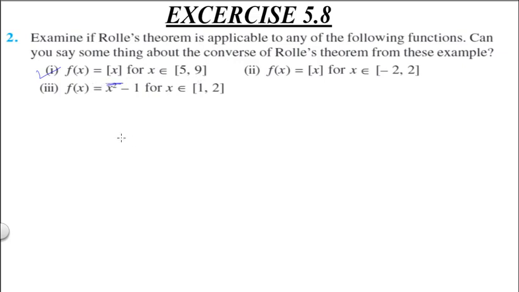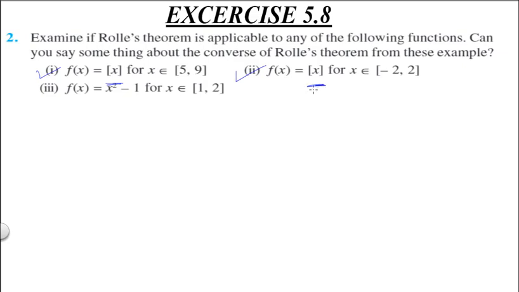As we already have done the graph for the greatest integer function, you know that it is not continuous, it has breaks in between. Also, when you check f of 5, it is 5, and when you check f of 9, it will be 9. Hence, Rolle's conditions are not satisfied, so Rolle's theorem is not applicable to it. Similarly, you can say for the second part, here also Rolle's theorem will not be applicable.